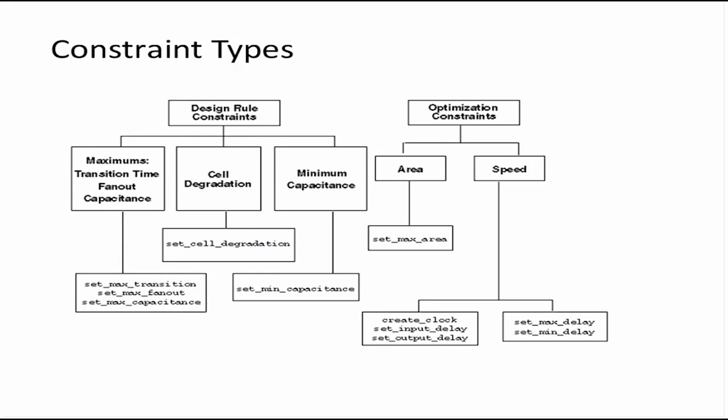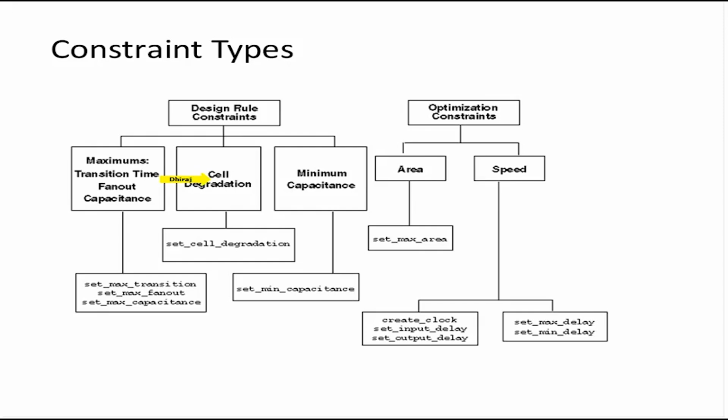This is the graphical representation, a kind of flow chart, representing the different types of constraints. For design rule constraints, the most important are the maximum ones: maximum transition time, maximum fan out, maximum capacitance. We will not look at cell degradation. Cell degradation is not exactly used by Design Compiler.